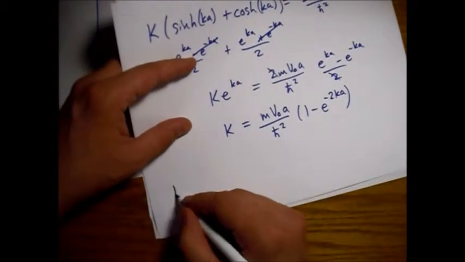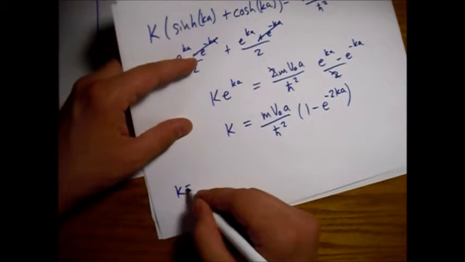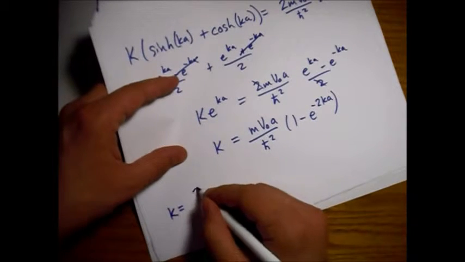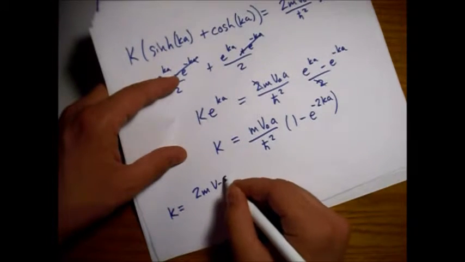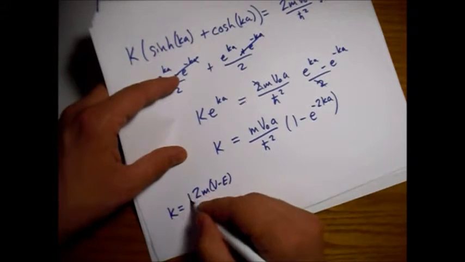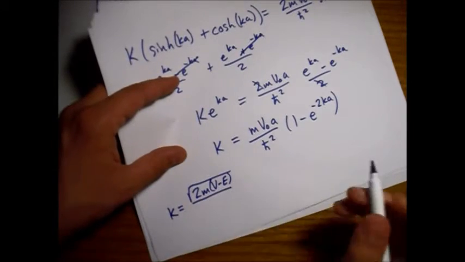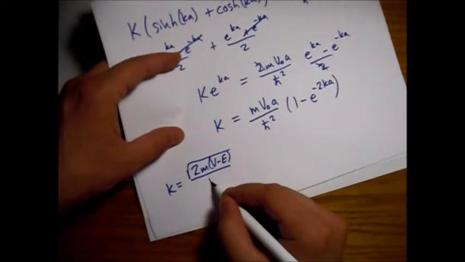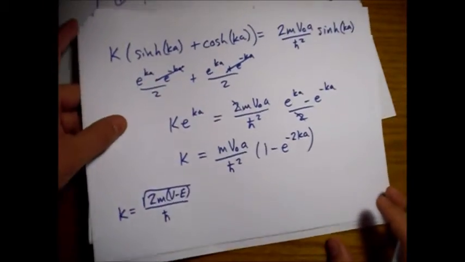So once we take the square root, we'll have 2m times V minus E over h bar.